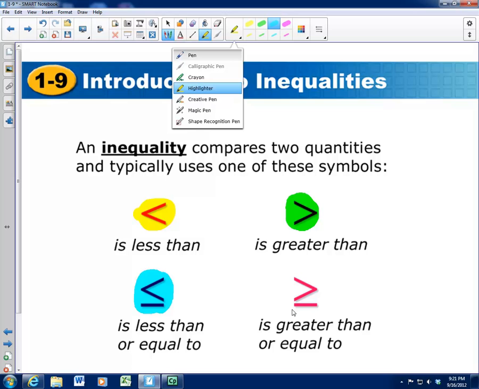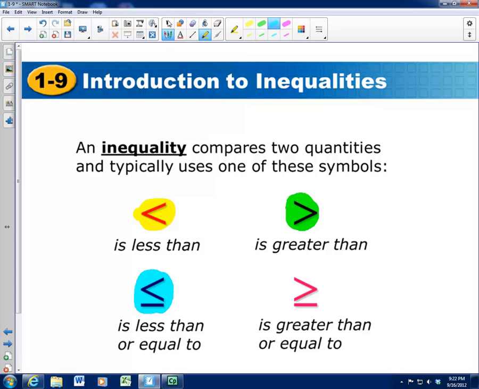And our last symbol is greater than or equal to, which is the same kind of thing. It means it's greater than, or it could be equal to. That's why we have our greater than symbol with, again, the line underneath it. So if you come across something that requires that, that's what we're going to need.